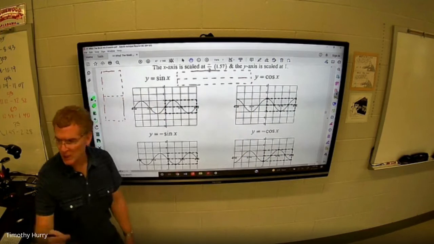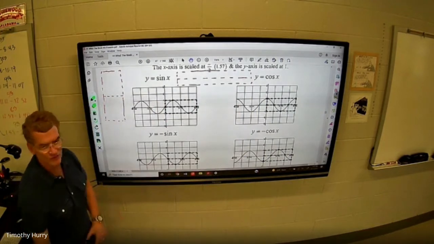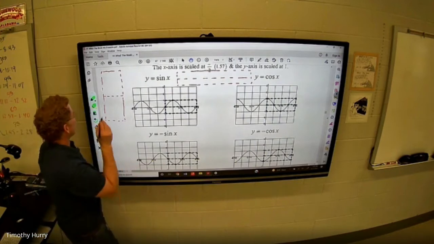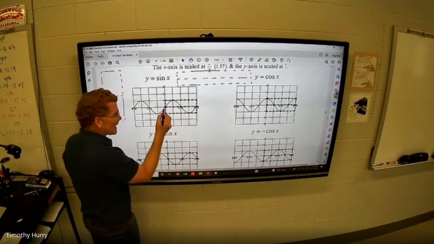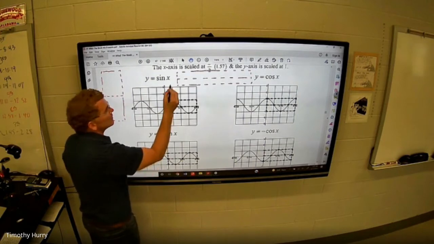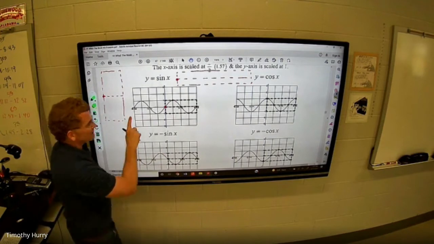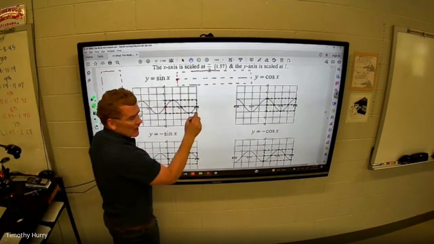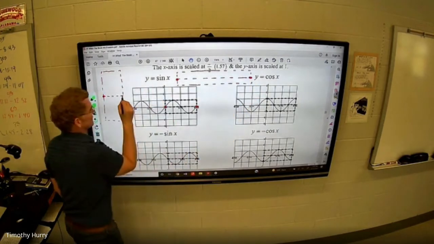For every one box you have, if it's a sine curve, you will always have this. At the left part of the box, on that left side, it will always be right there in the middle. At the very right end of that middle line, it will be right there.